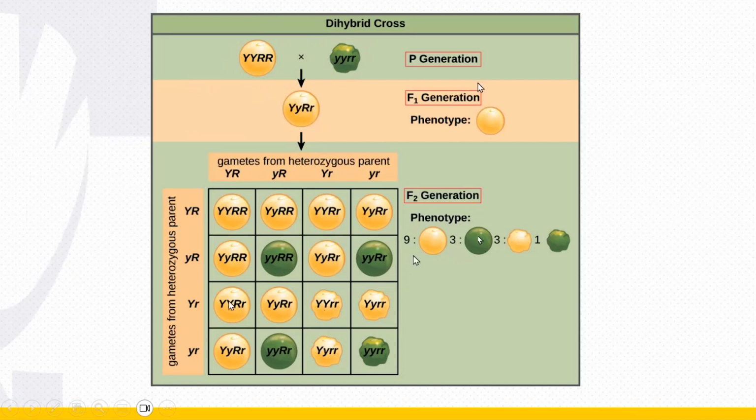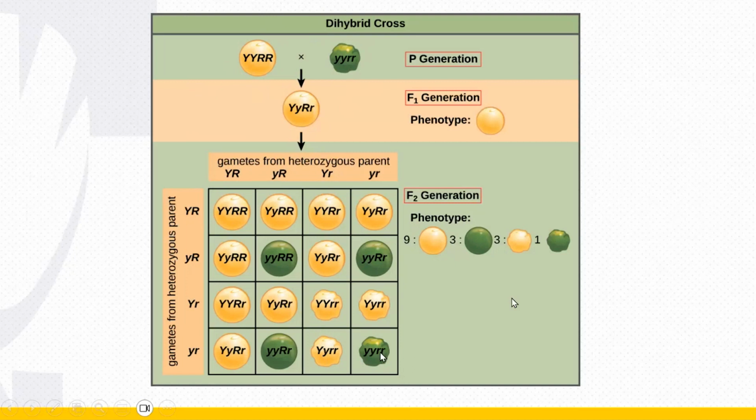We know that we have 3 green rounds, 1, 2, 3, and that is because these recessive traits are now being expressed through this combination. And then finally down here, we have 3 of these yellow wrinkled, and then we have 1 green wrinkled pea.